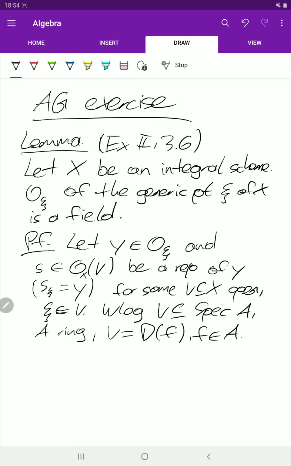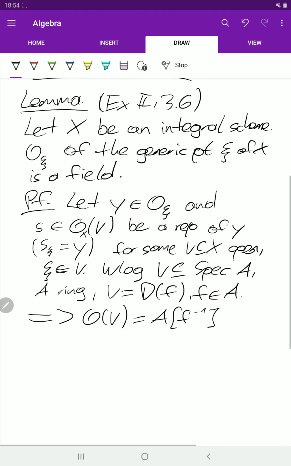Now we are in a good situation because we know what the structure sheaf O(V) is, namely it's the localization of the ring A at f, and we also know this is an integral domain because our scheme is integral.